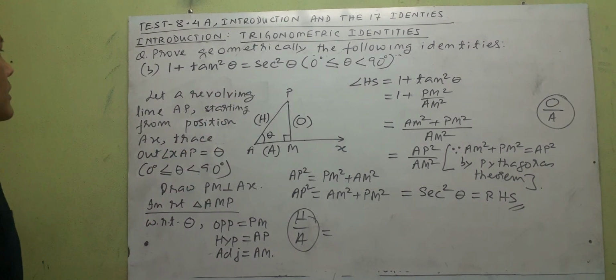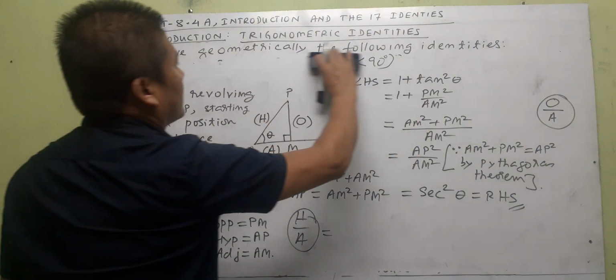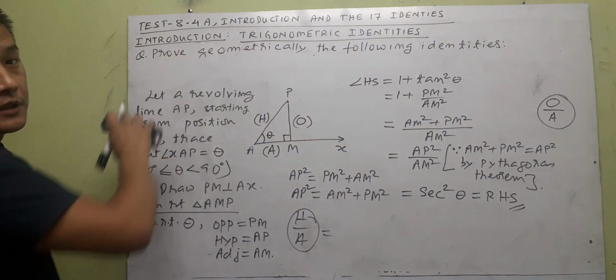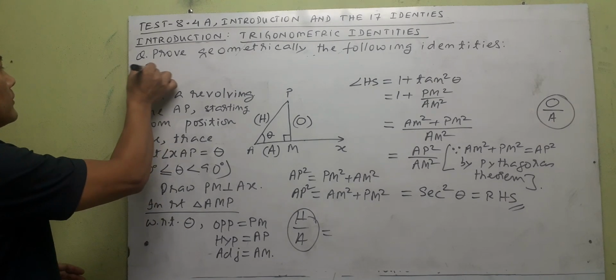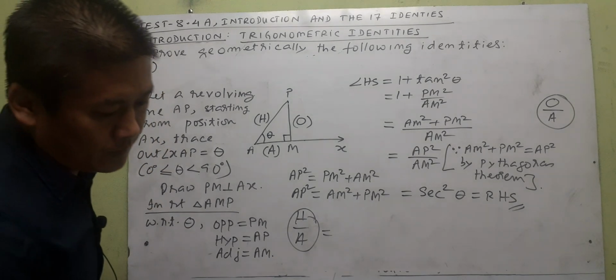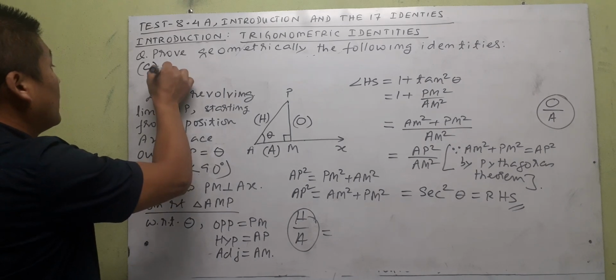Now the third one has two sections, I think. So let us do that. These are important. It comes in exam sometimes, okay? So C, we have to prove 1 plus cosec square alpha.